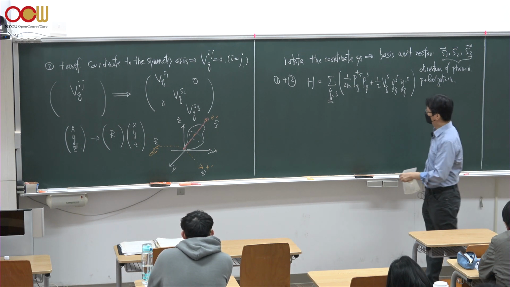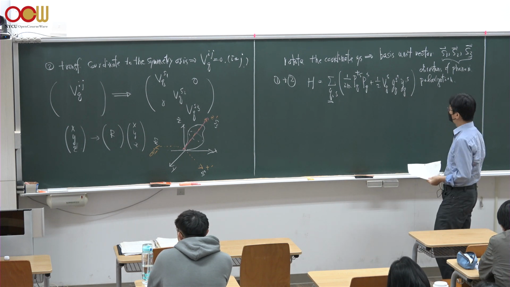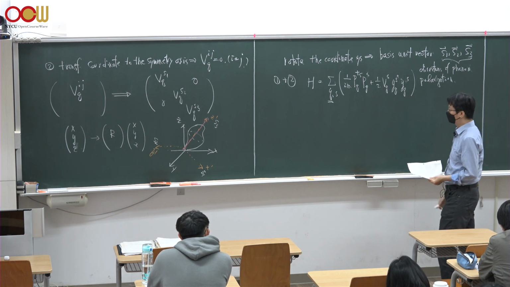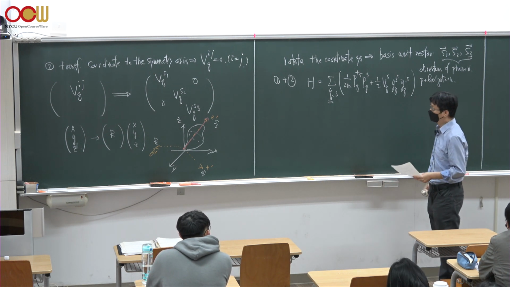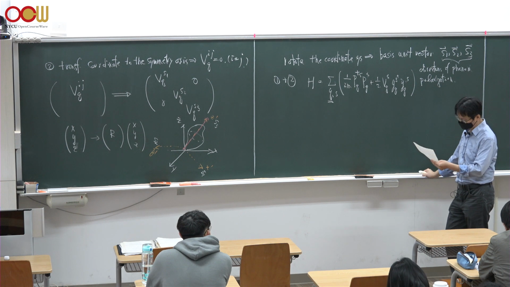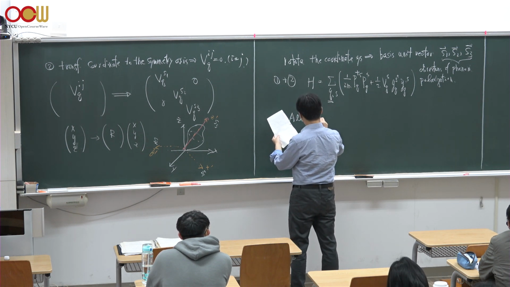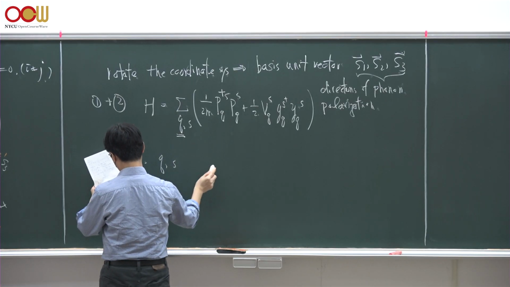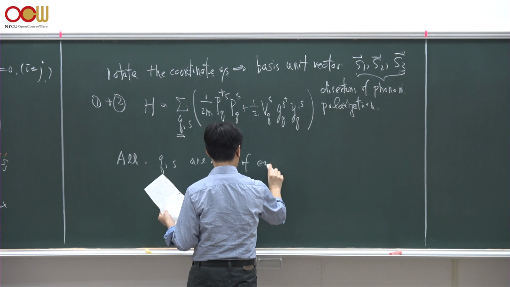So you need to sum over both q and s. And of course, you could define y_qs and p_qs in the same way that we defined those normal mode coordinates previously. So in this fashion, all these variables, q and s, are independent of each other.